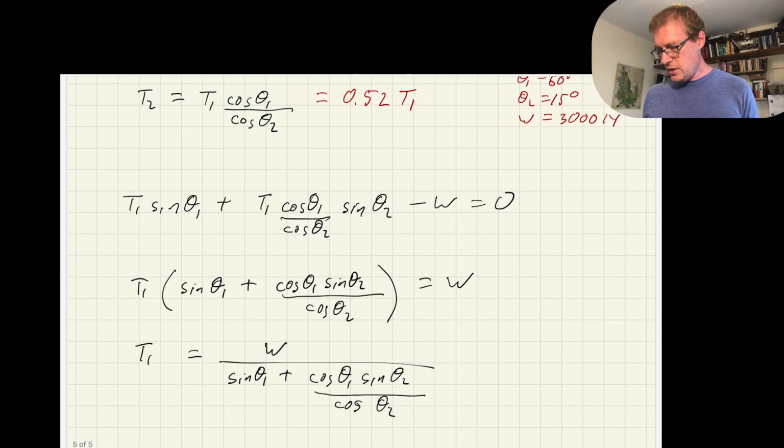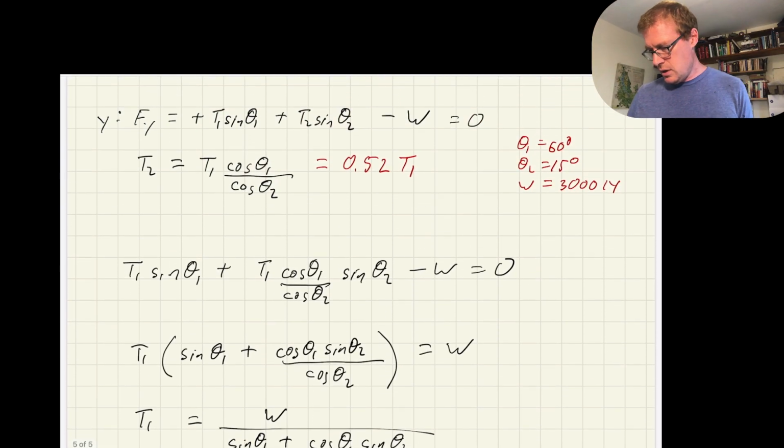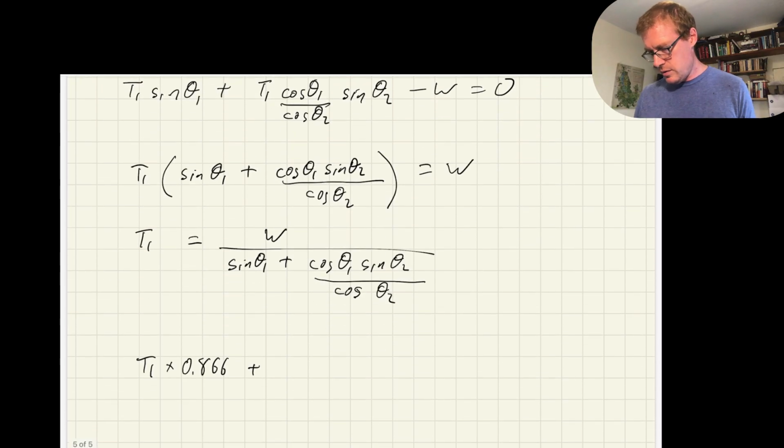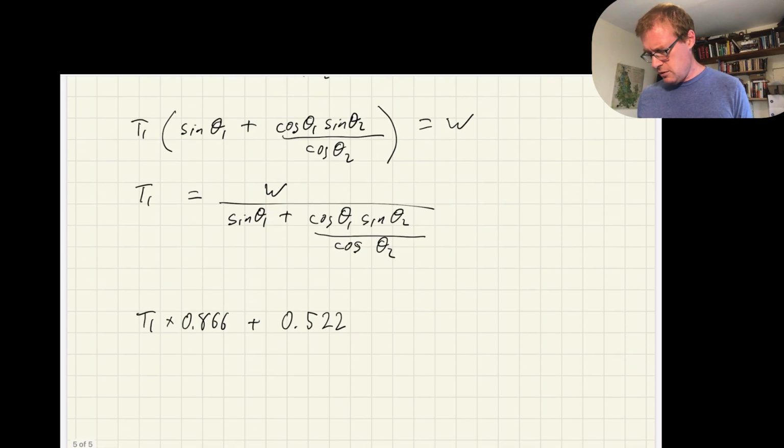All right, so the next term is just this T2, which is 0.52 T1, and then sine theta 2. So I have 0.52 T1. So this thing here, T2.